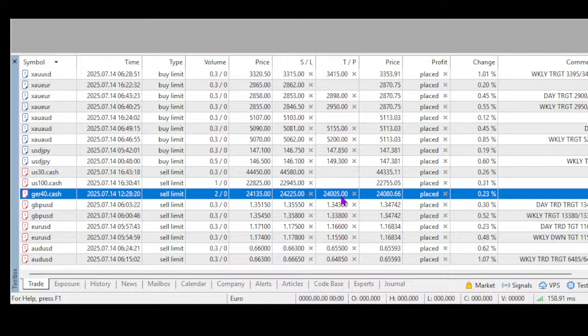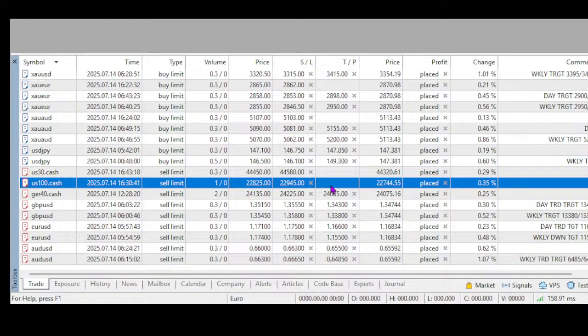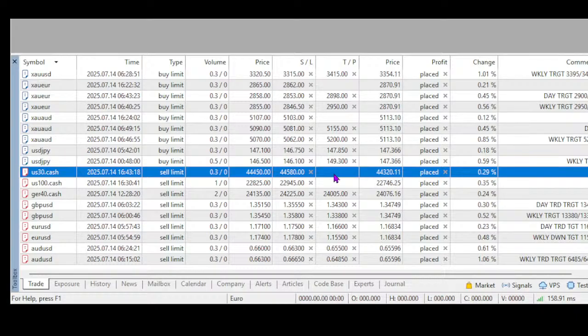Sell at 135. That means about 50 points away from where it is now. So I think let it work. Then we have a Nasdaq cash 80 points away from now, let it work. Then the Dow, let it work.